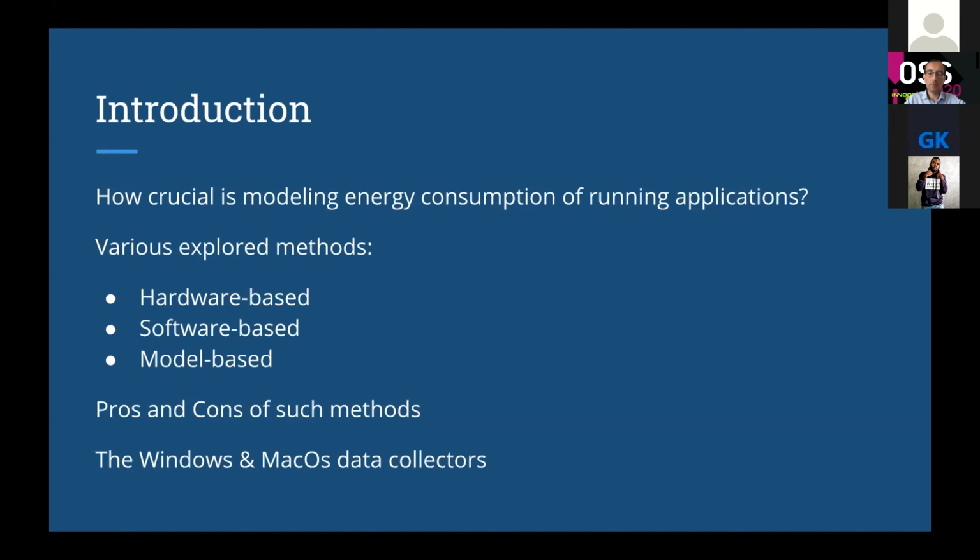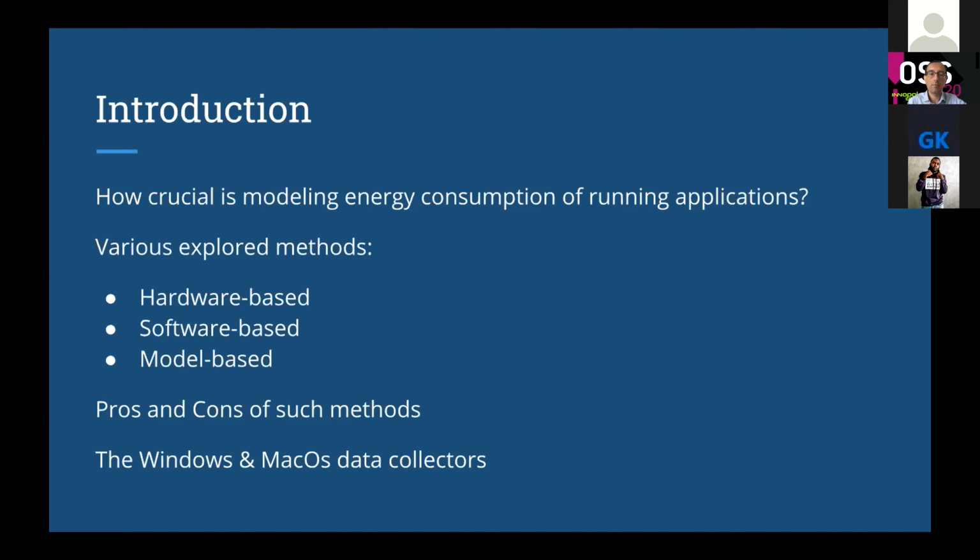The last approach is the model-based approach. It is a hybrid of the hardware-based and software-based methods, because we need equipment to calibrate the parameters used in the model, and it is specific to a particular device.